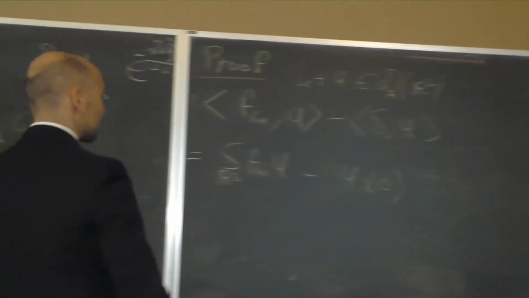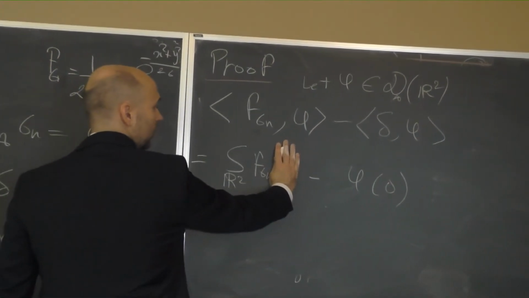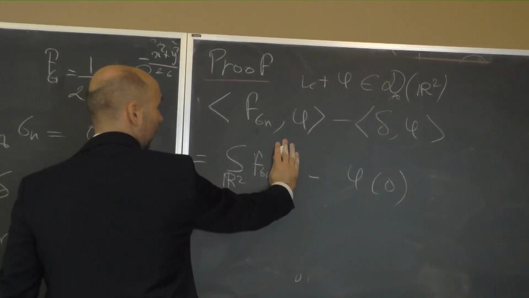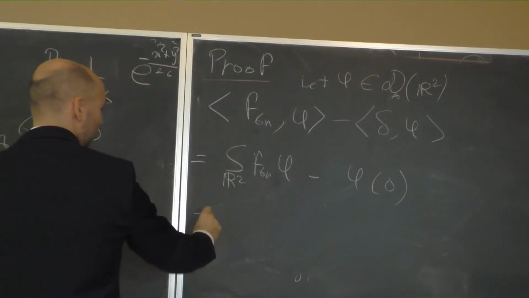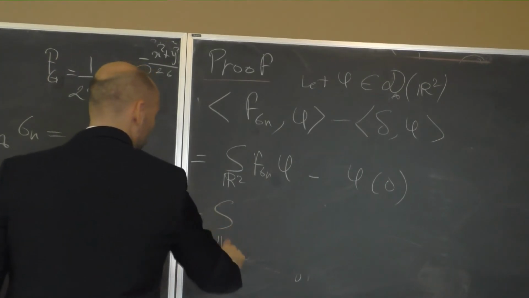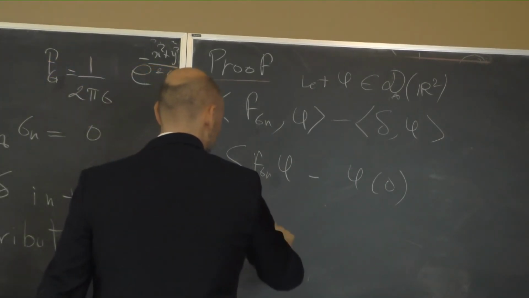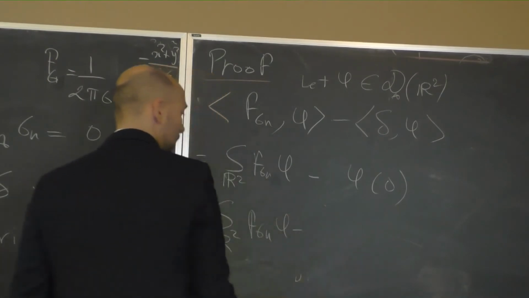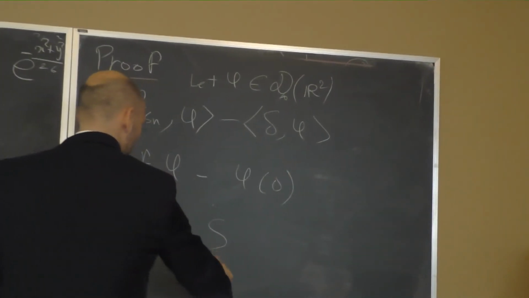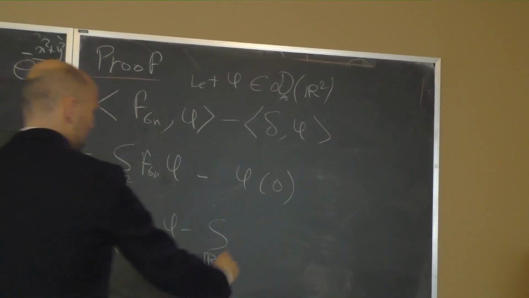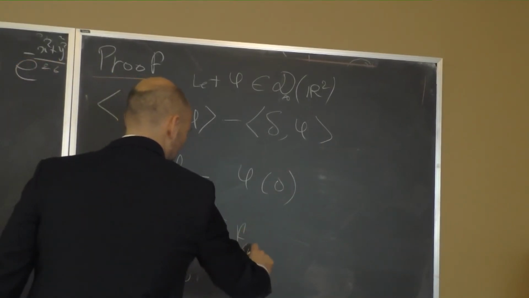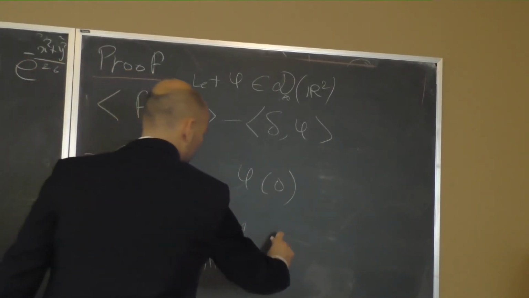Since this integral without the phi is 1, I can write it as the integral over R2 of f sigma n phi minus, I can just add this integral, and here it's my phi.